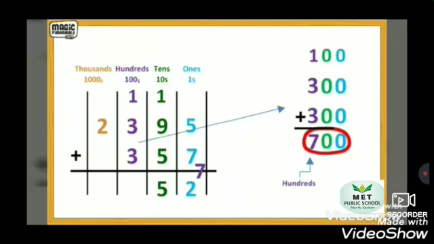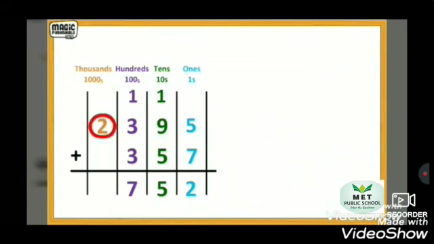So 7 goes in the hundreds column and there is no carryover. In the thousands column, there is 2 plus nothing, or 2 plus 0, which is equal to 2. So 2 goes in the thousands column.